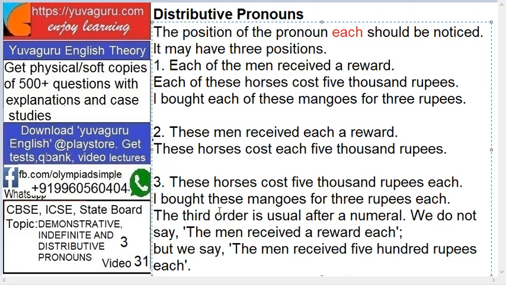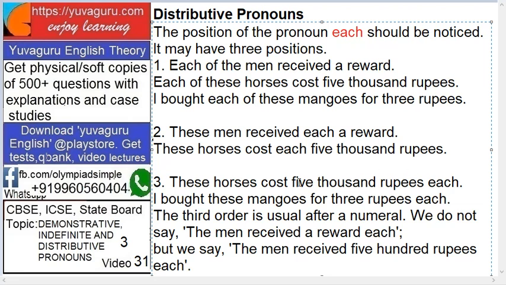Now, the third order is usual after a numeral. We do not say the men received a reward each. We don't say like that. But we say the men received 500 rupees each. So the important part is that each is used at the end, generally after the numeral.